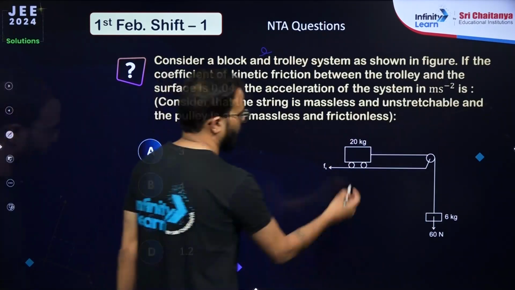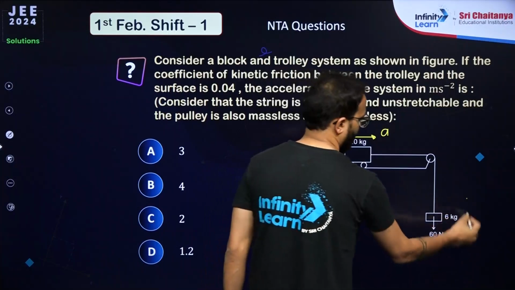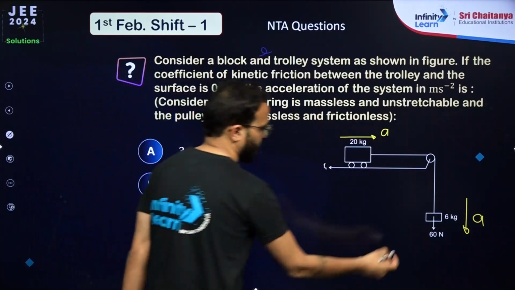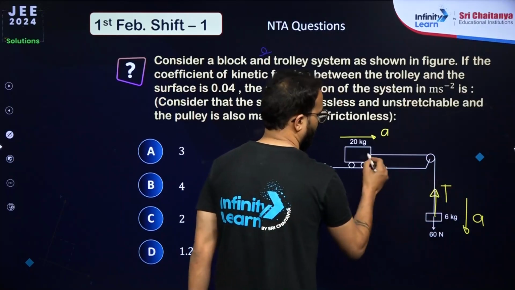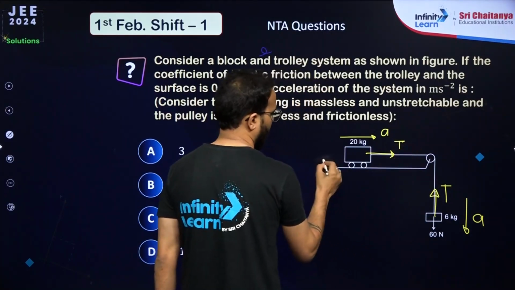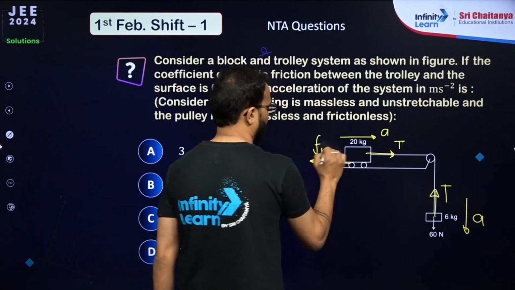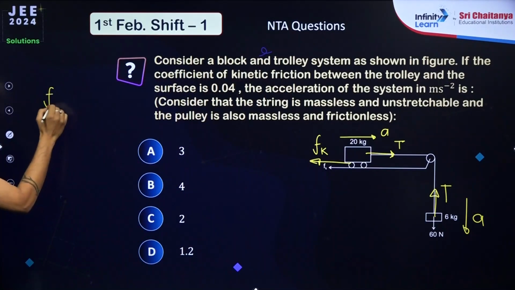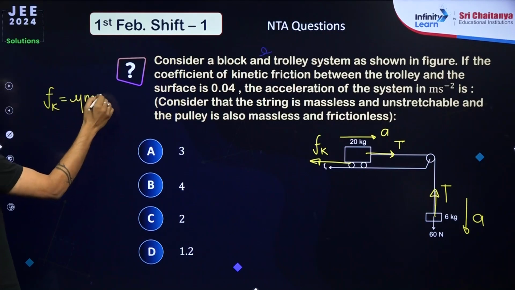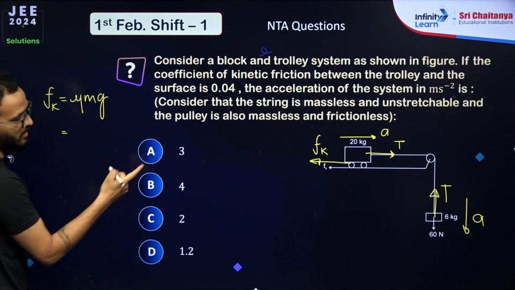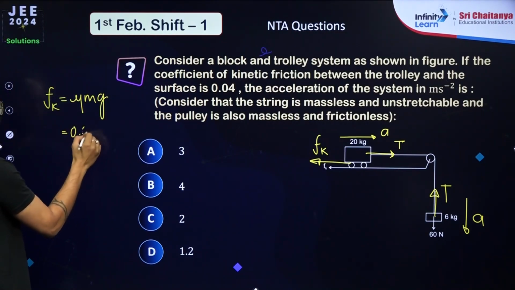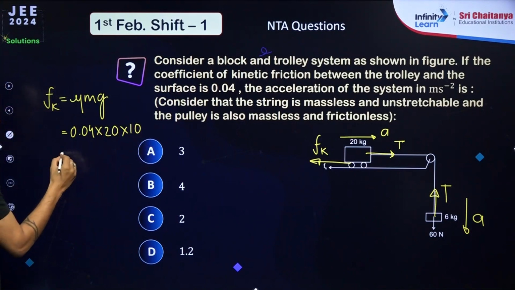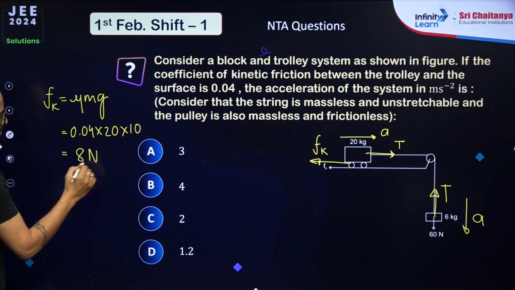Okay? Now here we have to find out the acceleration. So this is A, right? Now overall, this is T, this is T, and this is kinetic friction, right? Now number one, what is kinetic friction? It will be mu mg, right? Mass is 20 kg, mu is 0.04, so 0.04 into 20 into 10, so it will be how much? 8 Newton, correct?